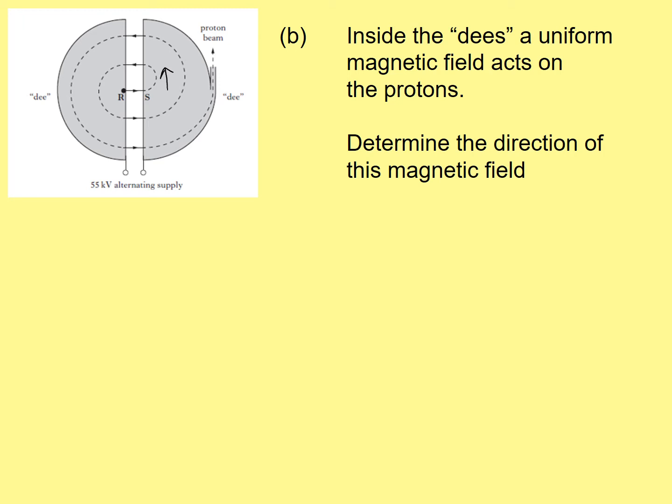Our second finger shows the direction of movement of the positive particle, and that's in the right alignment as well because that's moving left to right, which means our field must be going into the page. Into the page. Because we're looking at the cyclotron from above, as if we're looking down, we'd also accept down.